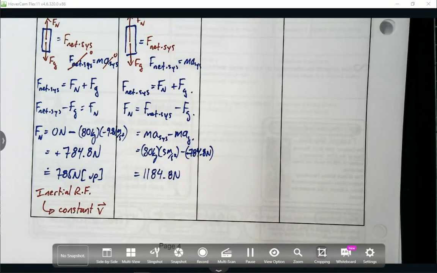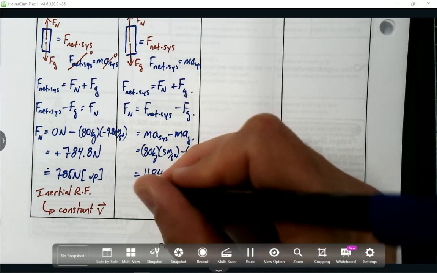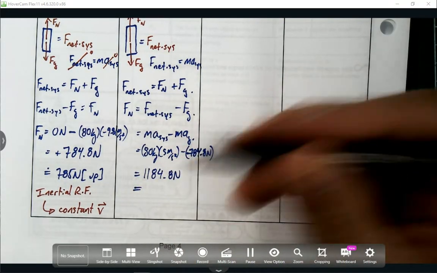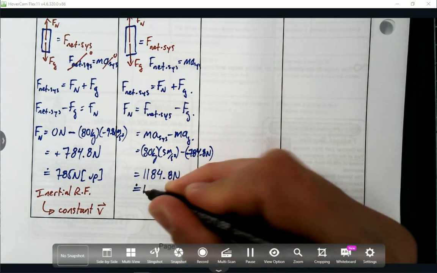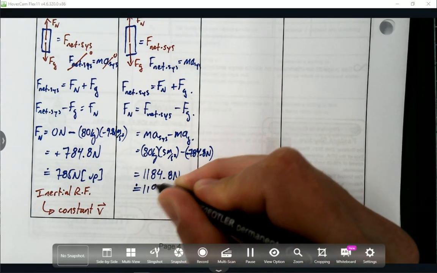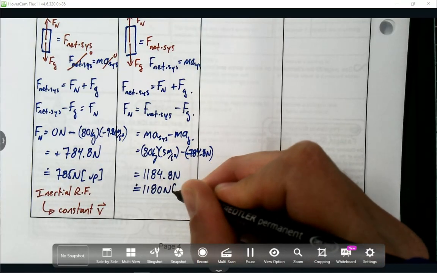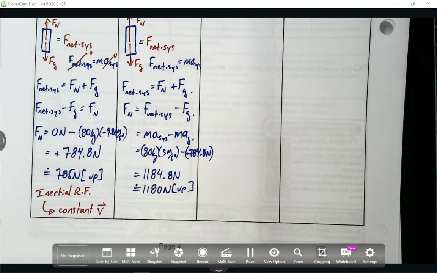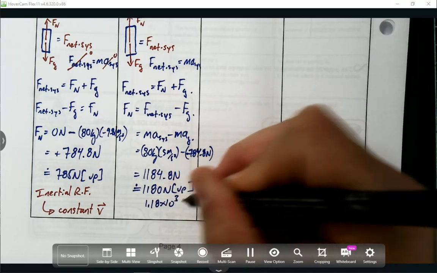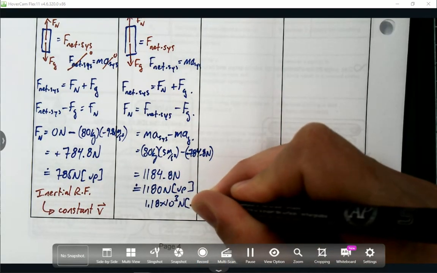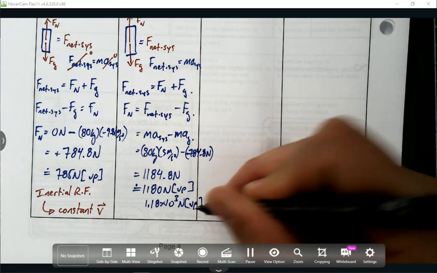And obviously it's positive, so we know that that's up, but we could also round it off to 3 sig figs, which feels a little bit dirty at this point, but it's going to be 1,180 newtons up, or 1.18 times 10 to the power of 3 newtons up, either one, if you wanted to be less ambiguous about your rounding.